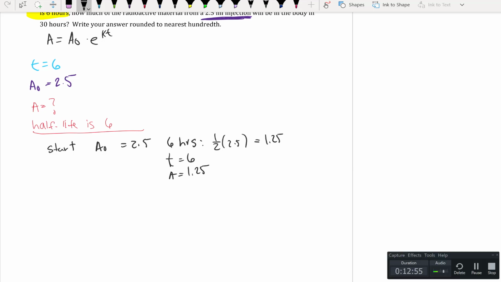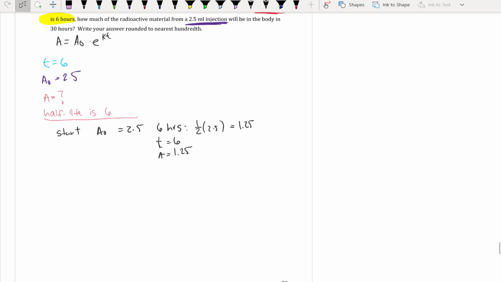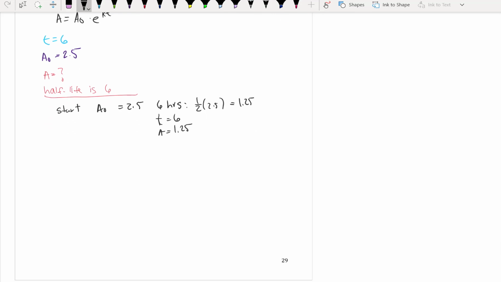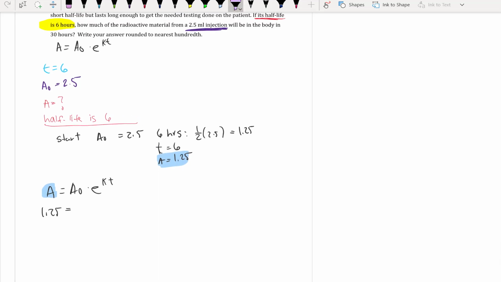And we're going to go ahead and use that piece of information. So we know that A is equal to 1.25. Now when we're plugging things in, I know that A is equal to my A naught times e to the k times t. Our A value is that 1.25 since it was the half-life. We have our initial value, our A naught, which is the value we started with, and that was 2.5.